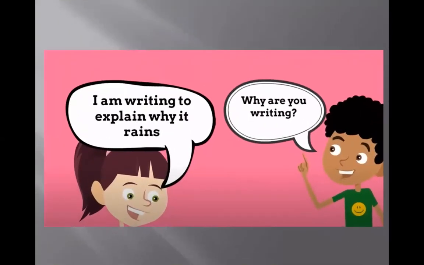Moving on. Why are you writing? The purpose is, I'm writing to explain why it rains. Now you tell me who the audience should be. Could be the students. Okay, now when you talk about students, that's good, yes. There is a huge range of students that we can think about.